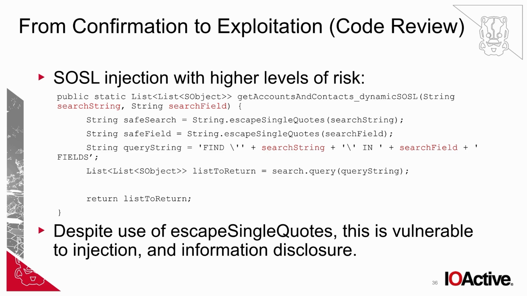In terms of the risk levels and the things you can actually do with injection, if you do see the use of that recommended fix, escape single quotes, you will find situations where it's not always safe and doesn't give the protection you might hope for.